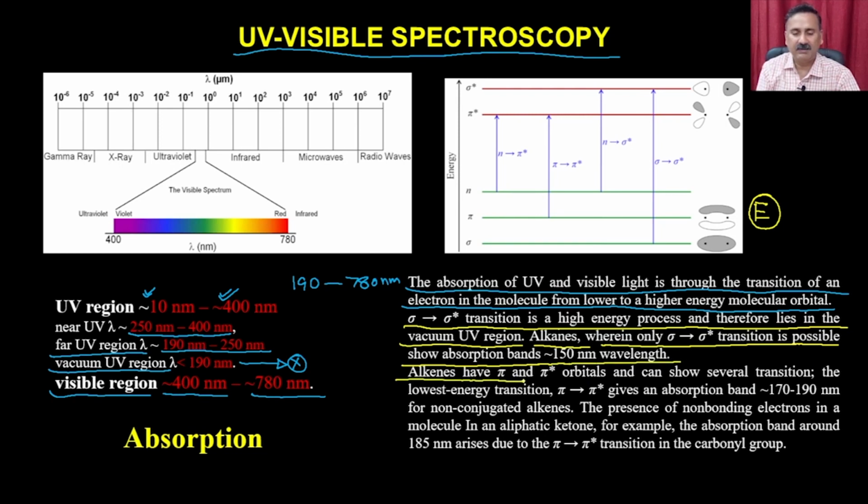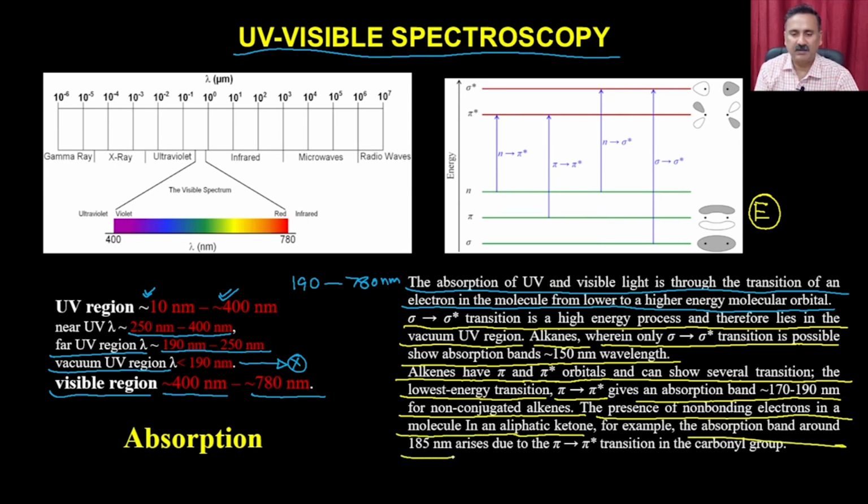Alkenes have pi to pi star orbitals and can show several transitions. The lowest energy state is the pi to pi star, giving an absorption band around 170 to 190 nanometer for non-conjugated alkenes. For a molecule with non-bonding electrons, such as a ketone, for example, the absorption band at 150 nanometer arises due to the pi to pi star transition in the carbonyl bonds.